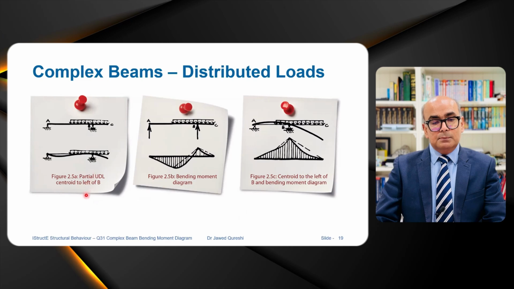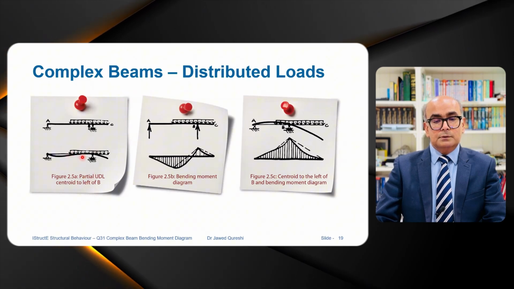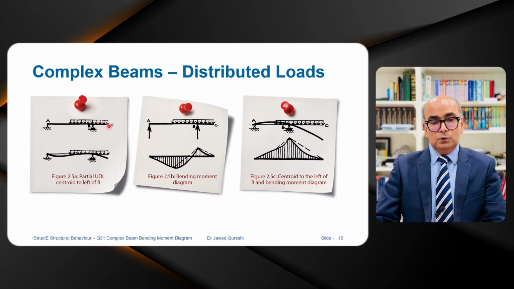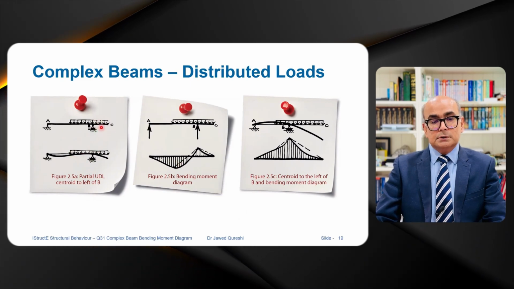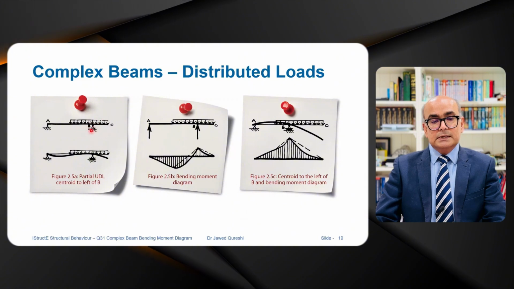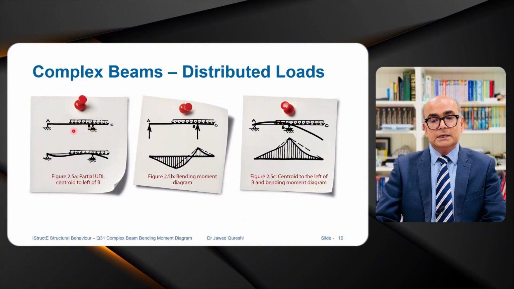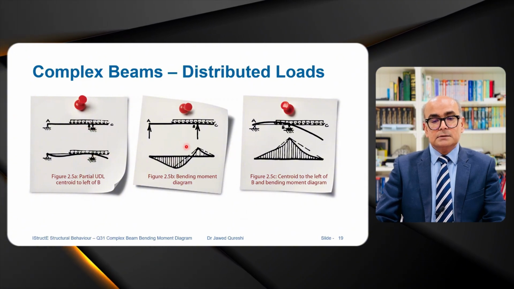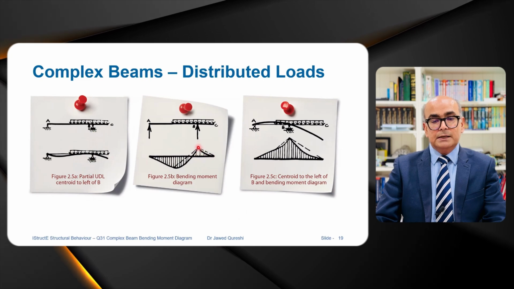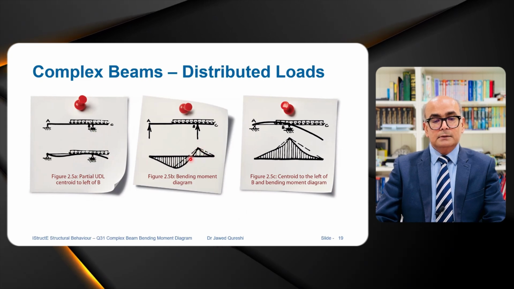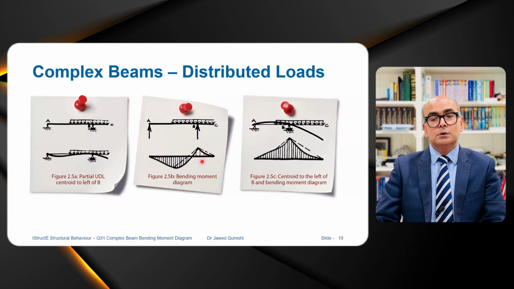Some other examples of distributed load: partial distributed load on this beam. If the overhang portion in this case is nearly equal to the portion which is inside, then you will have negative bending moment here and then positive will go down.